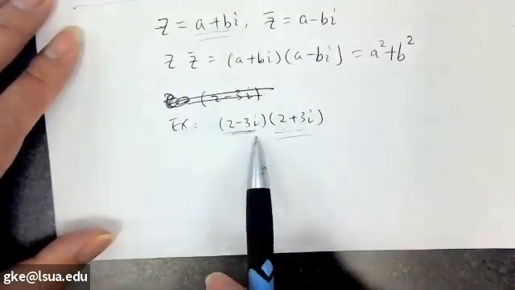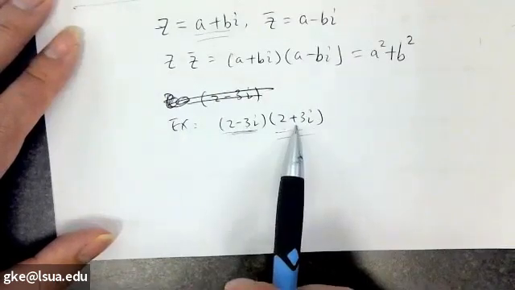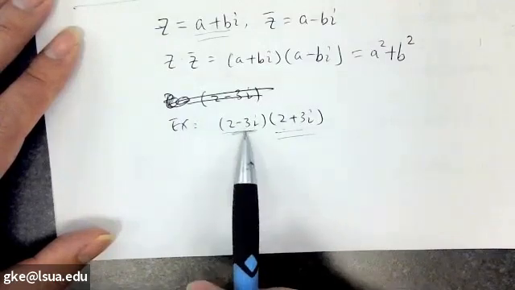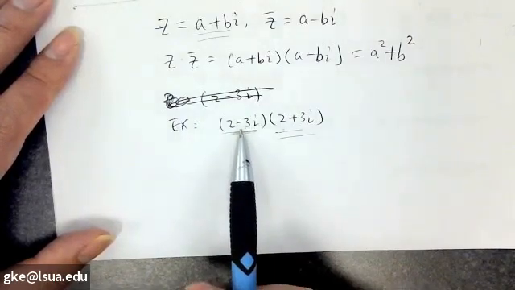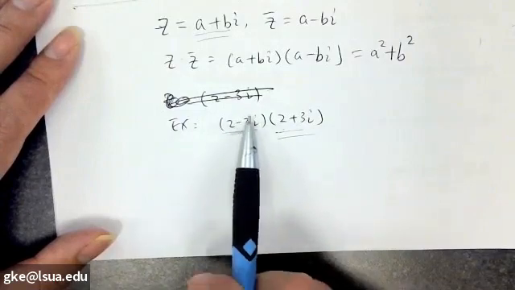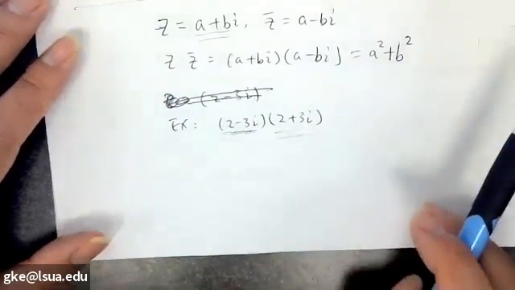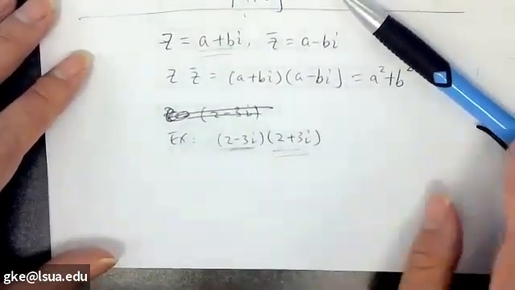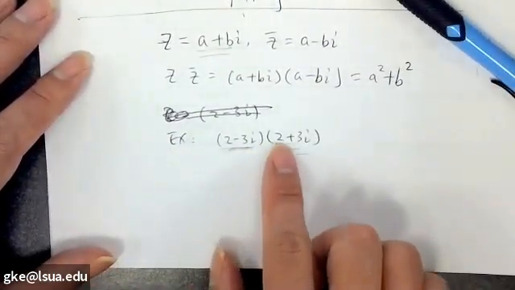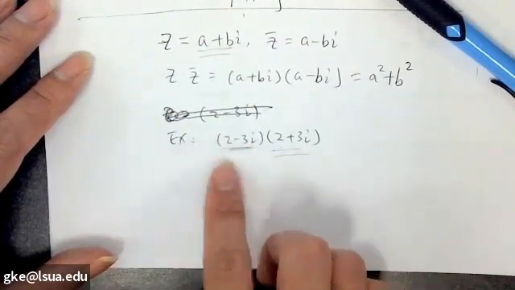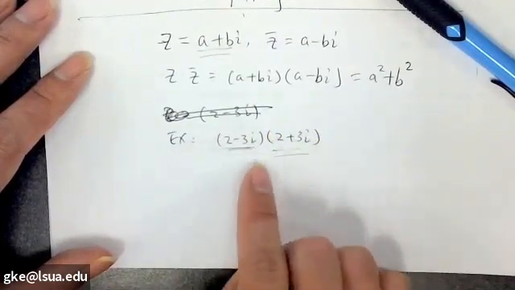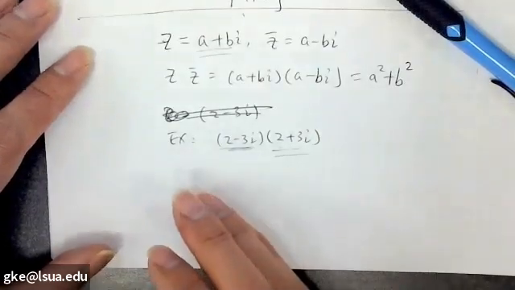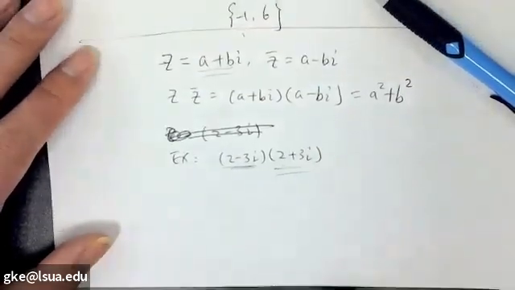Because for the conjugate, the imaginary part should have the opposite sign, right? So give me the answer of this guy: 2 minus 3i times 2 plus 3i. Of course, you can use the distribution to do the multiplication, but we have the formula, which will be much quicker, okay?